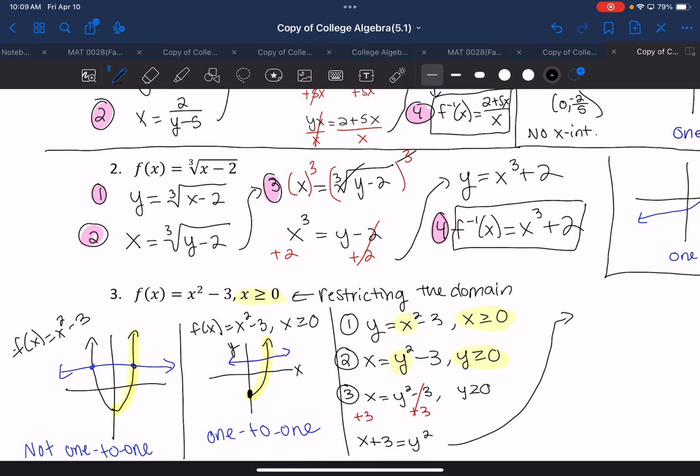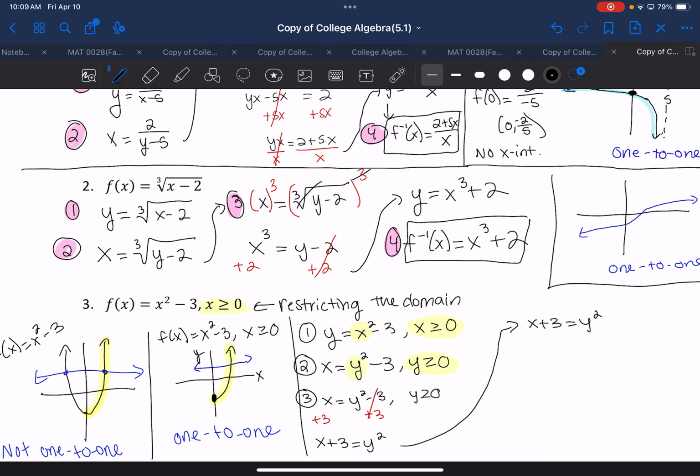And then I'm just going to rewrite this one again. And then I would take the square root of both sides, right? To get y completely by itself. Well, usually if I take the square root of both sides, I have to have a plus or minus answer.